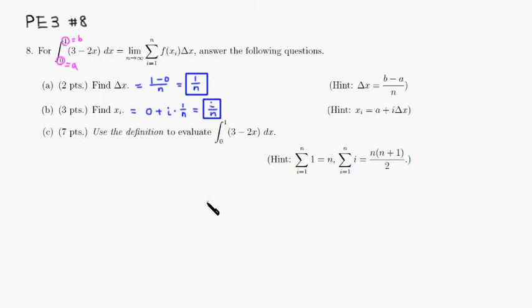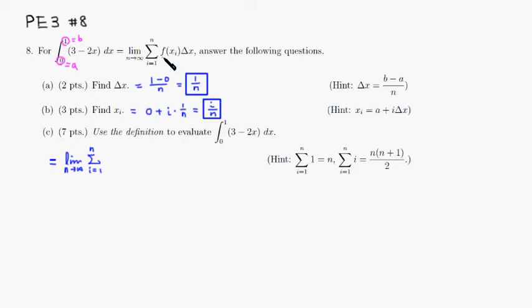xi. Then, in order to evaluate this definite integral using the definition, we're just going to follow the definition. So this integral is going to be equal to the limit as n approaches infinity of a summation, i goes from 1 to n.